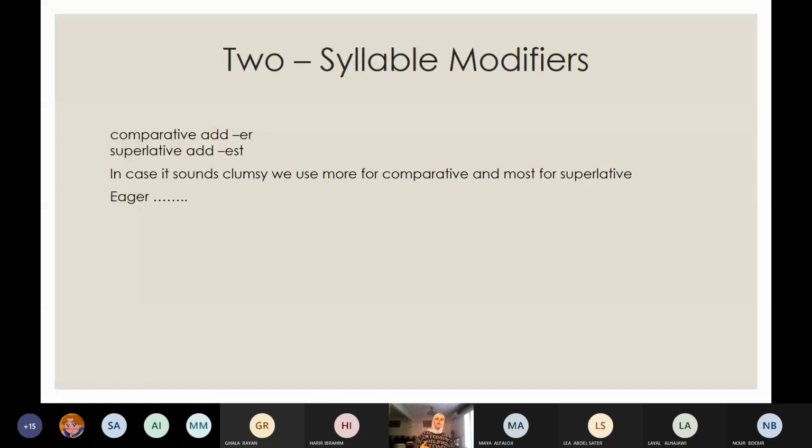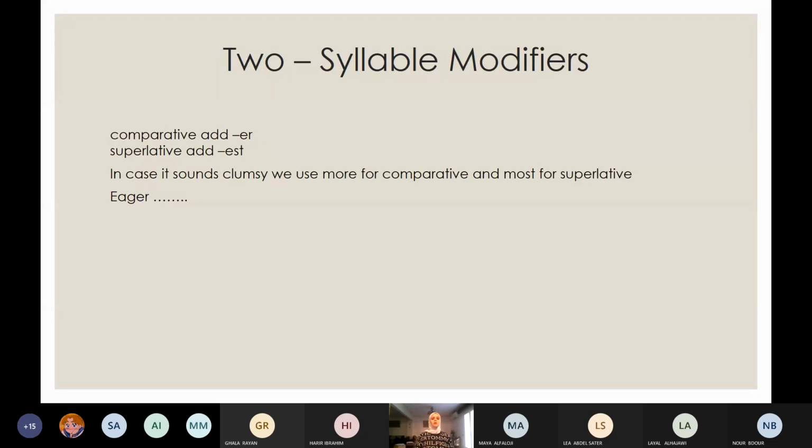Okay, he is eager to learn. He is eager to learn more than his brother. It is clumsy. Although it is two syllables, and commonly in two syllables I add ER or EST, I am adding more or most, because it's clumsy. Eager ends in ER, so I have to add more, more eager.